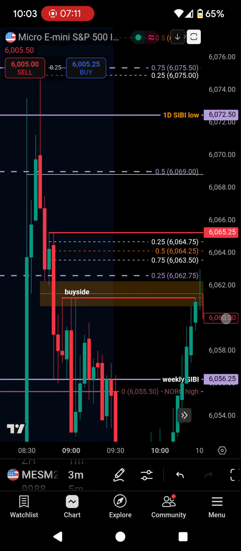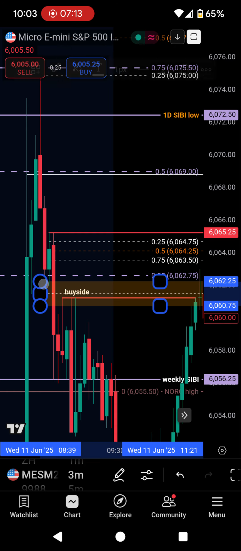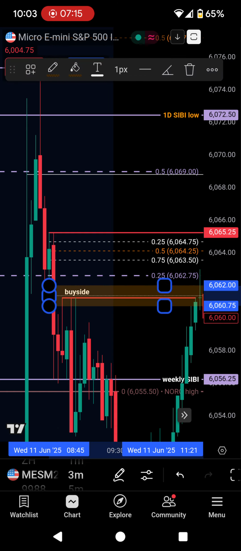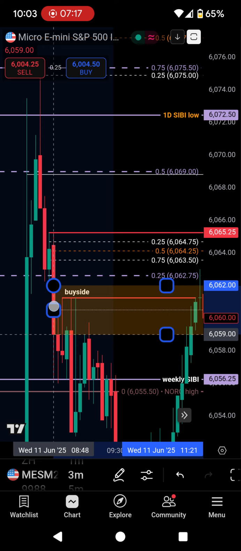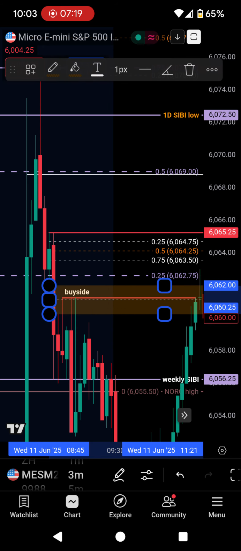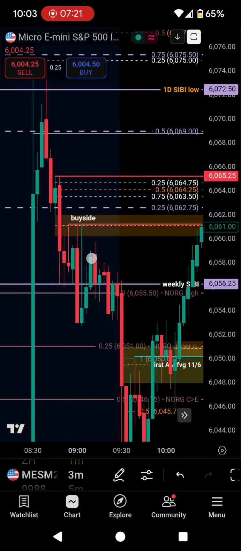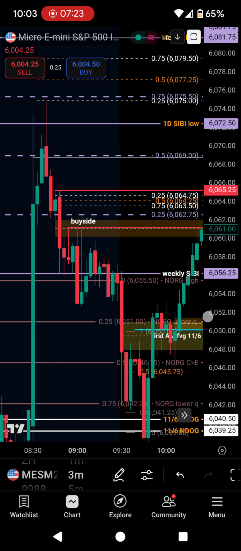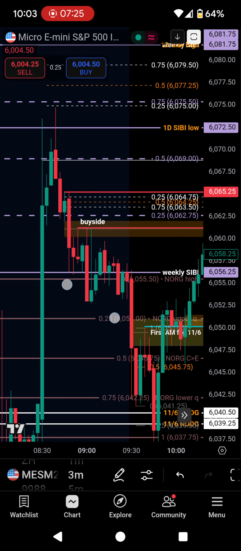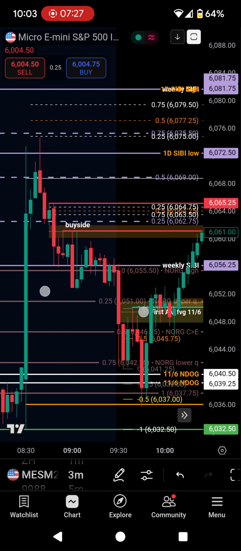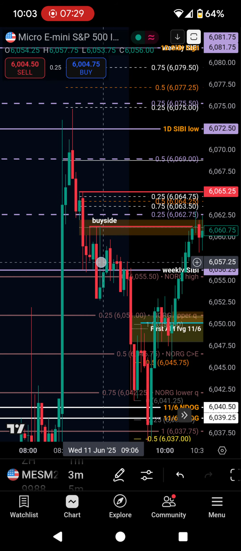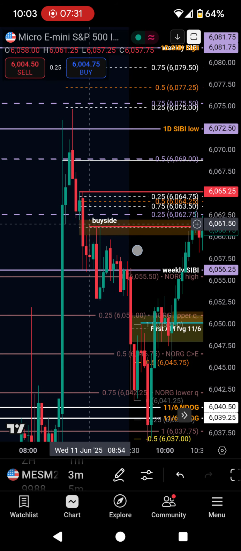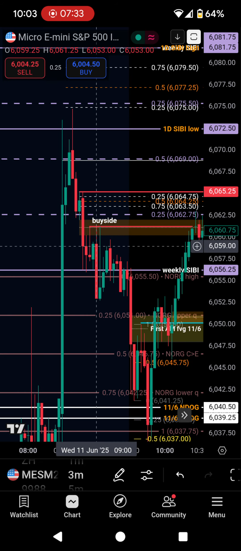And we go on 3-minute. This is the 5-minute CB, but I can refine it down to the 3-minute one. Then you can see here I used it as entry, and was just getting my 5 handles. So 5 handles were offered, and I placed my stop loss down here, and I got stopped out.